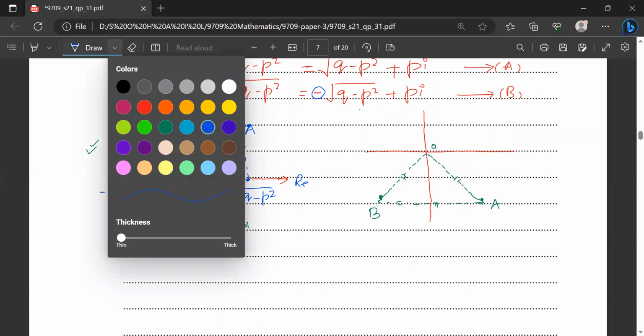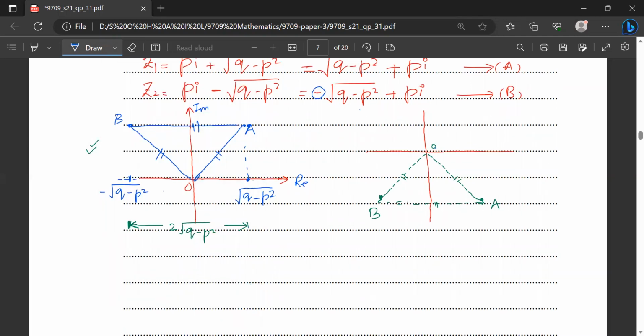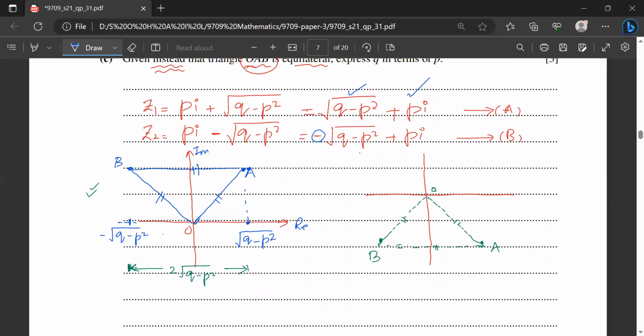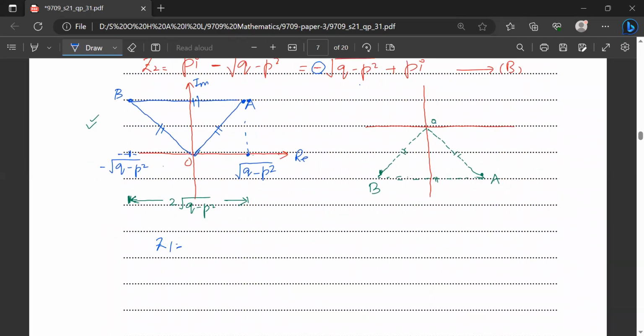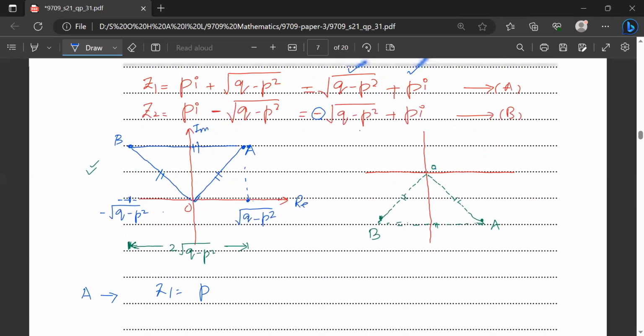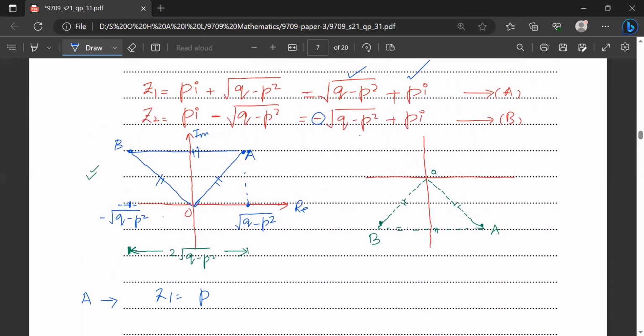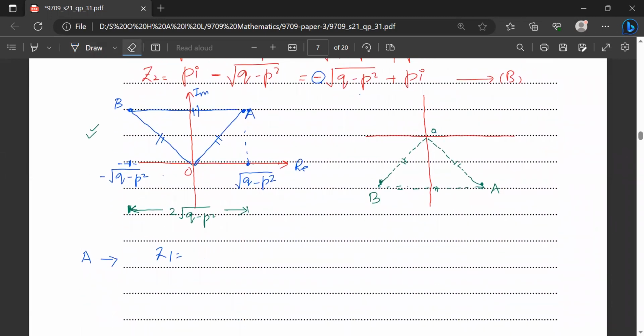The other length you can find by using the distance formula, or if you know the complex number represented by A, you can find its modulus. So I'm writing Z1 over here. This is for A. Z1 is q minus p square plus p iota.